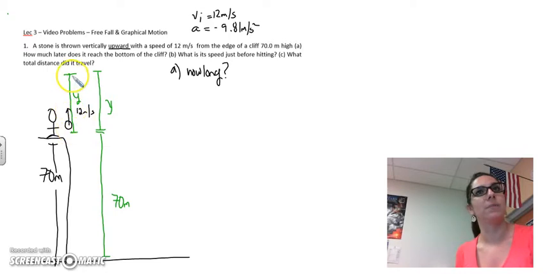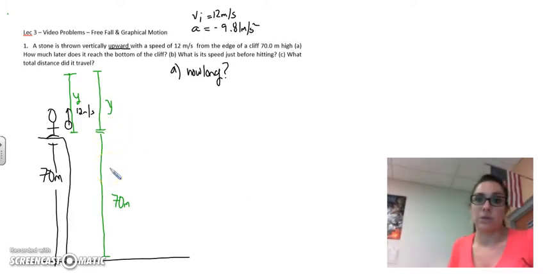So if I know the time up, I'm going to know the time down, only for this part though. So once I figure out the time here, I can double it. Then after I figure out the time of this area, I'm going to find the time of this. So notice that I'm breaking apart this problem. Just like most problems, it's best to piece it down into more manageable references.